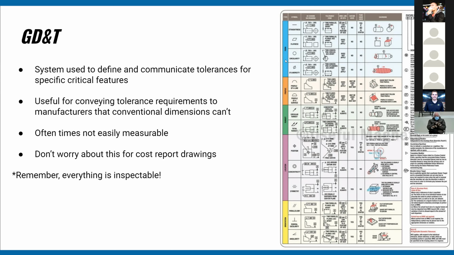I would avoid using these as much as possible because oftentimes it just makes it harder for people to understand your drawing. Sometimes they're not easily measurable. People have to use special tools or special setups to be able to measure these callouts. So you should only use these if it's absolutely necessary to convey what you need to convey.